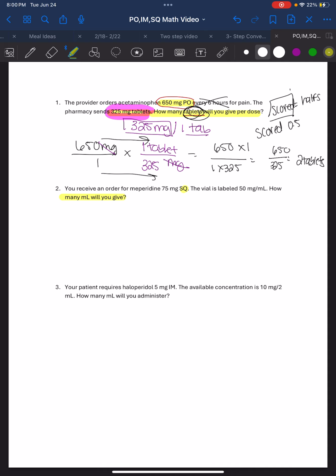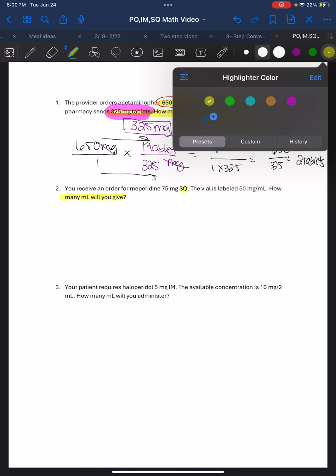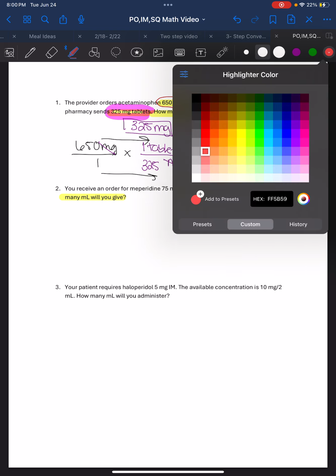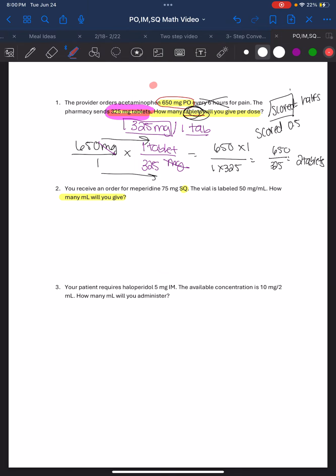I'm going to highlight in red here our given, what they want us to give, this 75 milligrams. Our conversion factor, which they give us, is 50 milligrams per mL.